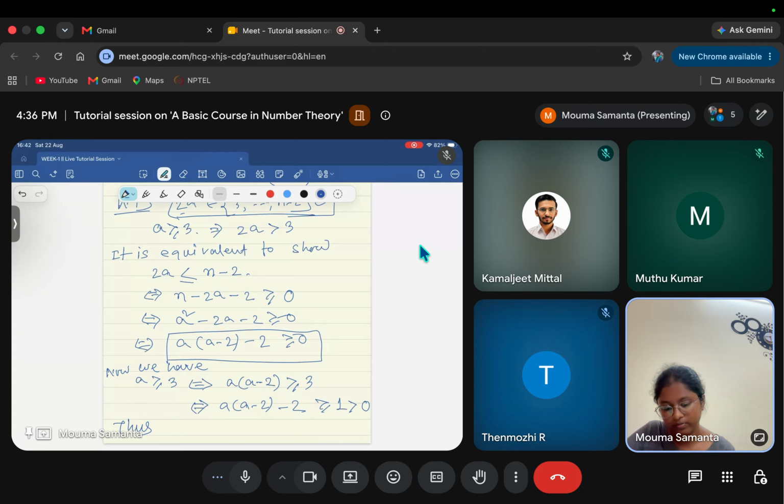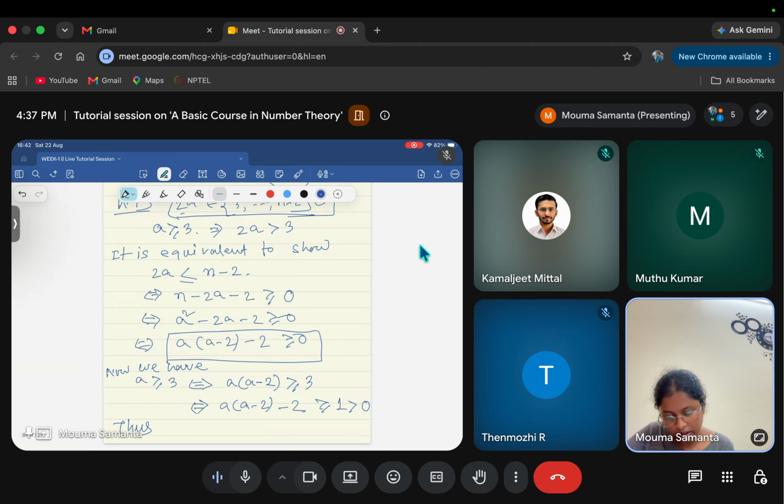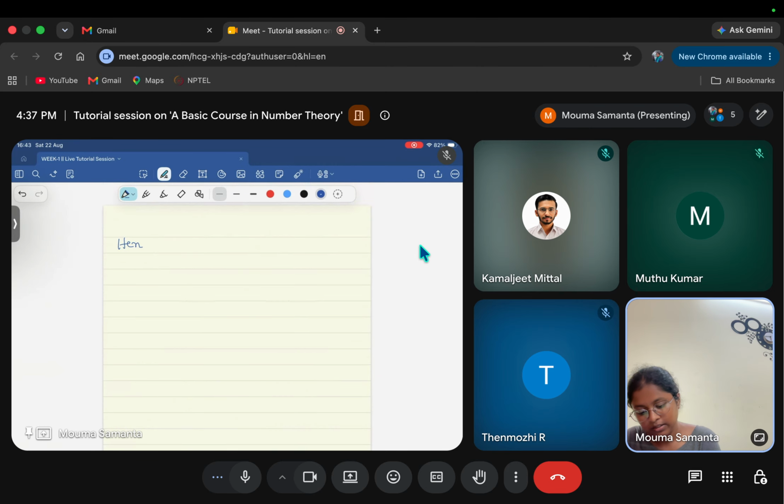And it is equivalent, therefore what we got: thus 2a belongs to 3 up to n minus 2, and hence a not equal to 2a with 2a squared divides (n-2)!.